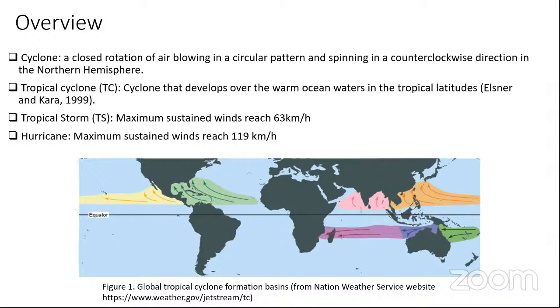It is characterized by low atmospheric pressure, high winds, and heavy rain. Once the tropical cyclone reaches wind of at least 63 kilometers per hour, it is typically called a tropical storm and assigned a name. If the maximum sustained wind reaches 119 kilometers per hour, then the tropical cyclone is called a hurricane in the North Atlantic Ocean.